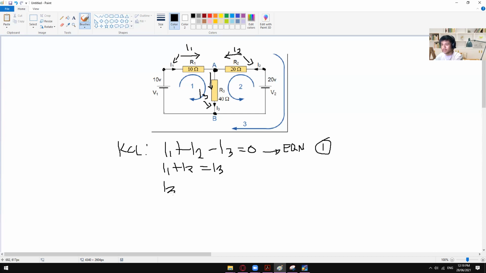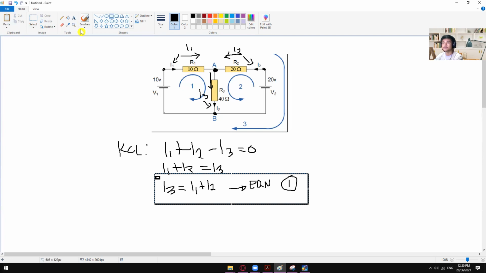Or you can have I3 is equal to I1 plus I2. So this is now our official equation number one. Let me just highlight this one because this is the one that we will use later on.